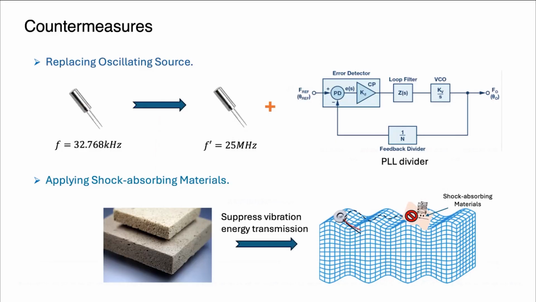Because it is typically hard to generate ultrasonic vibration in the megahertz range, those kinds of crystals won't be affected by this kind of attack. Besides, one can place shock-absorbing materials like sponge rubber around the crystal to protect it from being affected by radiation energy.